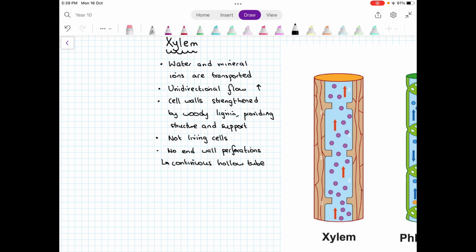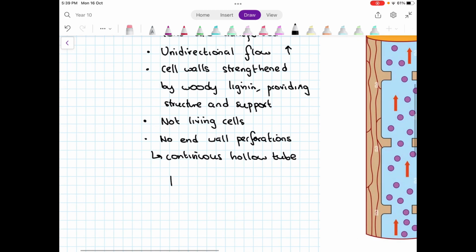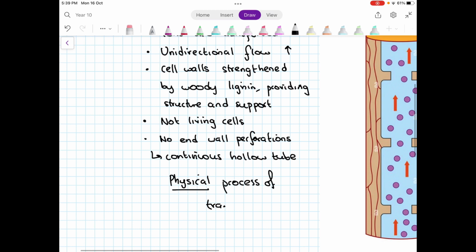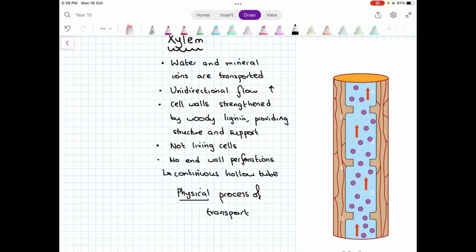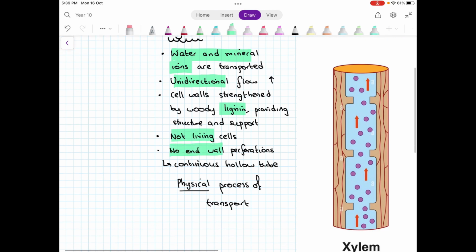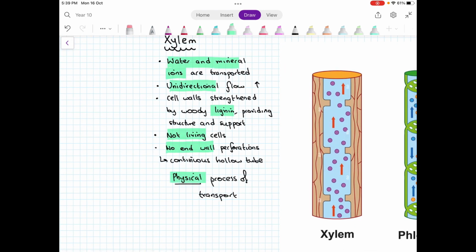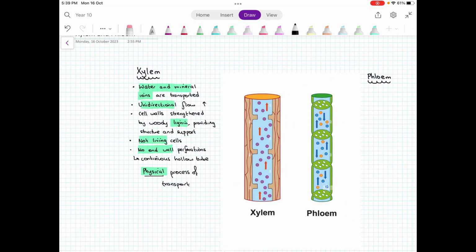Also note that transport in the xylem is a physical process. Okay, so water and mineral ions, unidirectional flow, lignin, not living, no end wall perforations, and the process is physical.